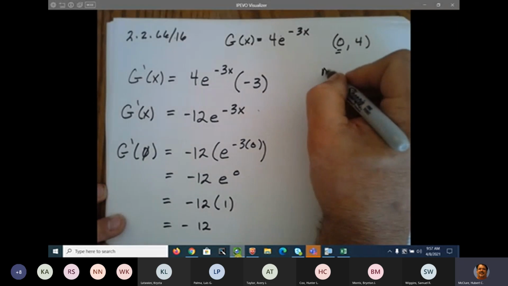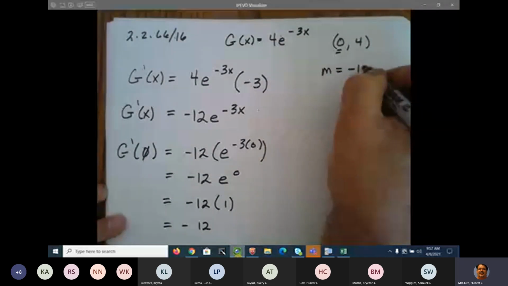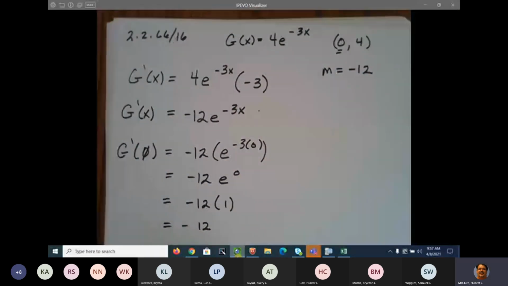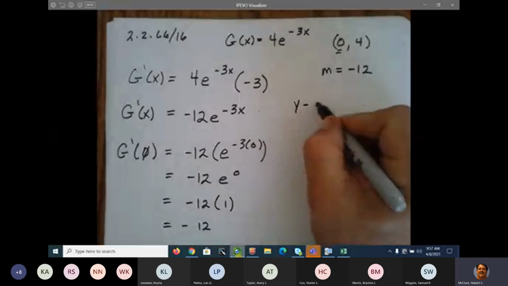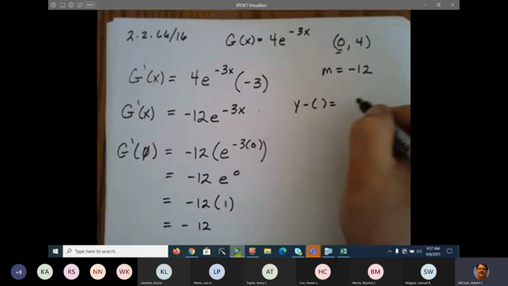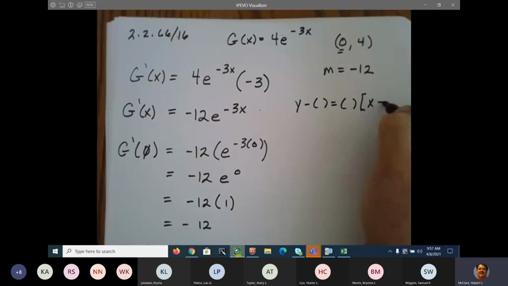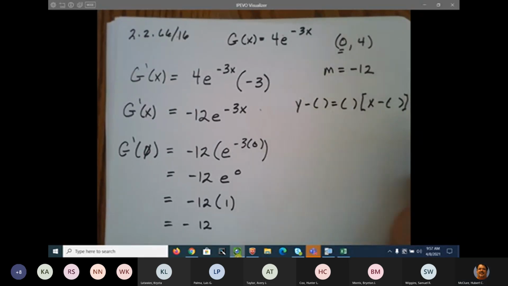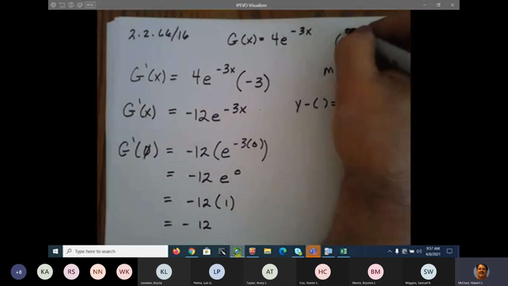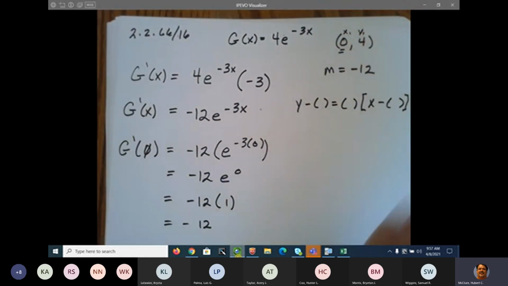So m is equal to negative 12. All right, now I want y'all to plug it in. Y minus y sub 1 is equal to m times x minus x sub 1. And this is your x sub 1, this is your y sub 1, plug and chug, and let's finish it.